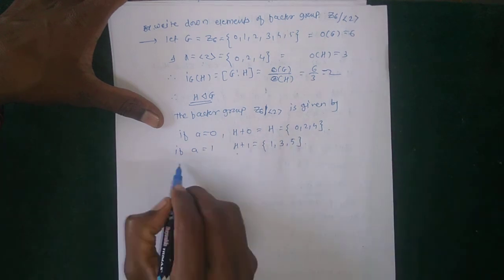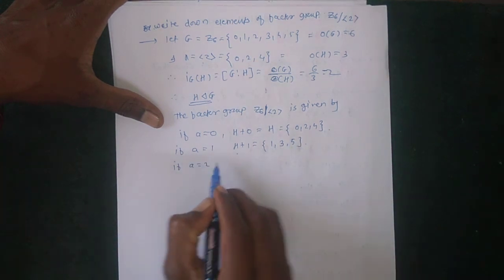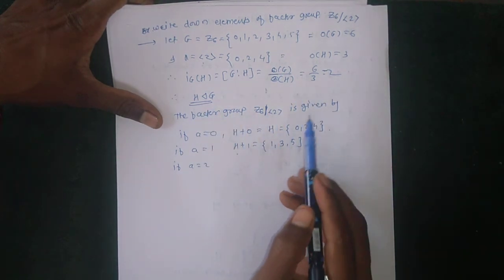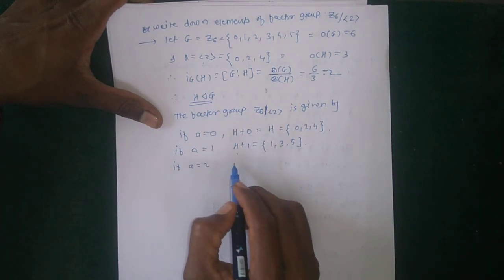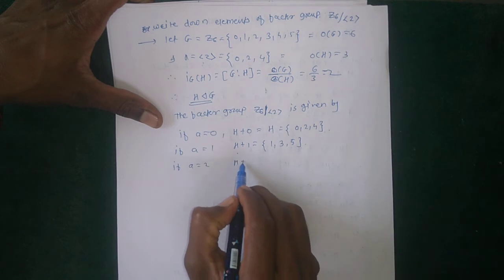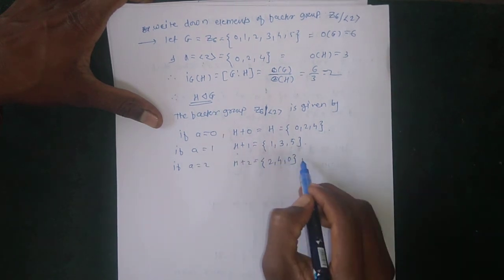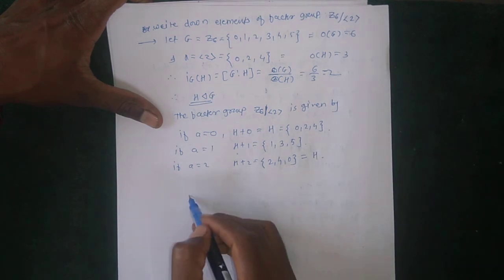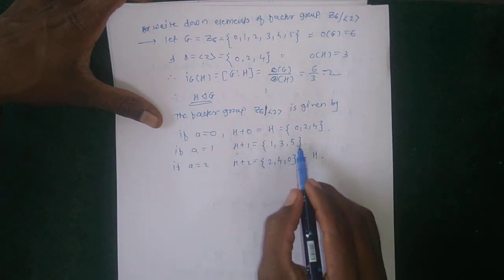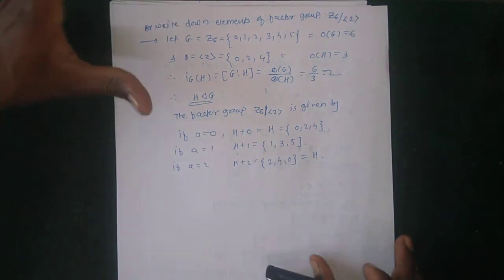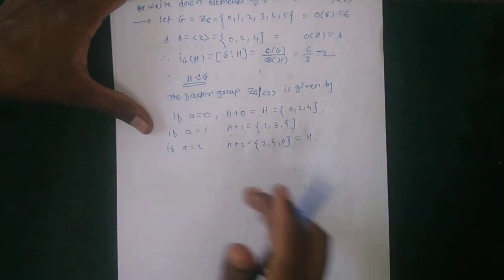If A equals 2, here H has index 2, which implies only 2 cosets, so if A equals 2 there is repetition: H plus 2 equals 2, 4 and 0, okay, which is again H. If A equals 3, then H plus 3 equals H plus 1. Okay, so only two distinct cosets exist.